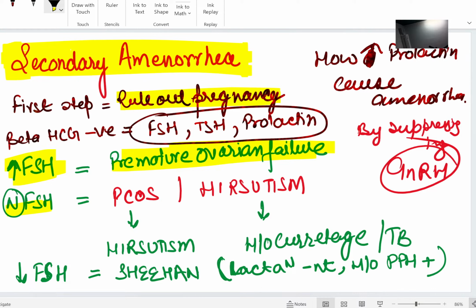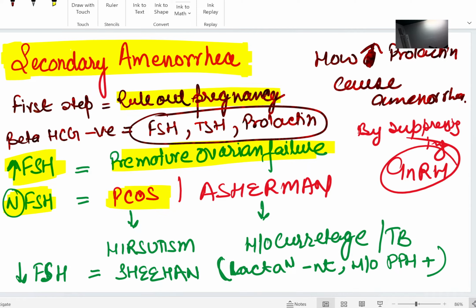If the FSH is high, it is a case of premature ovarian failure.